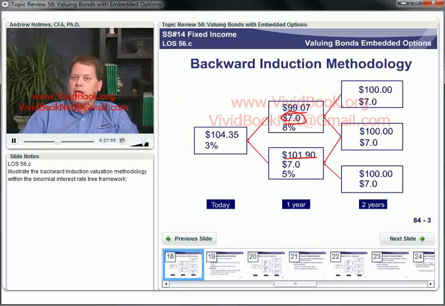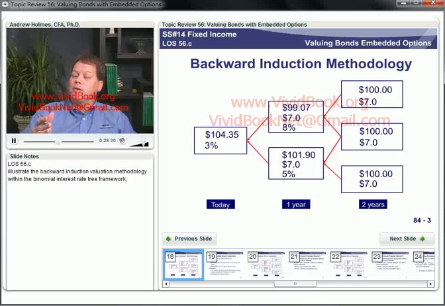So if you get in a rush on the exam, you get that 101.90 and that 99.07, you immediately want to average those together and multiply by a half and discount back 3%, and you end up being off almost $7, right? So anyway, you have to not forget about the coupon payments, but we've used this backwards induction process in order to value this bond that does not have any embedded options.